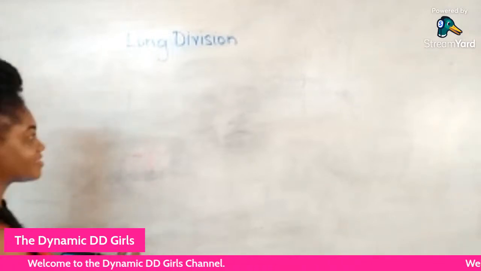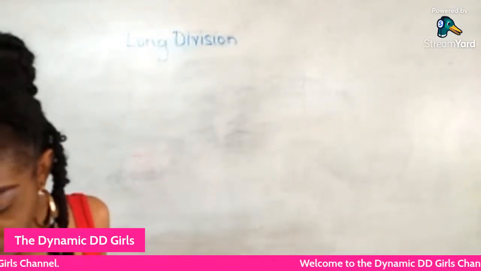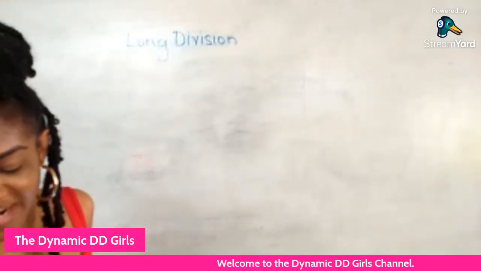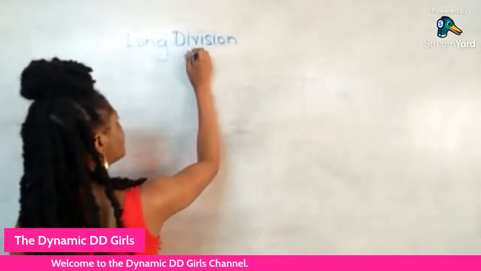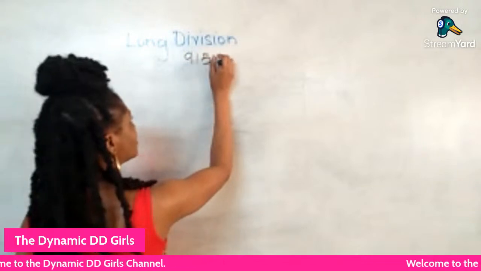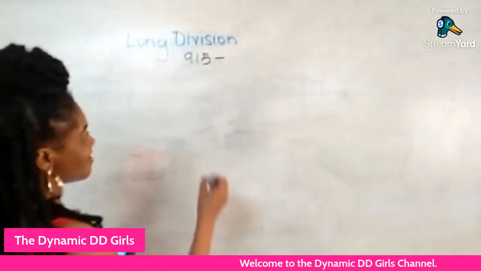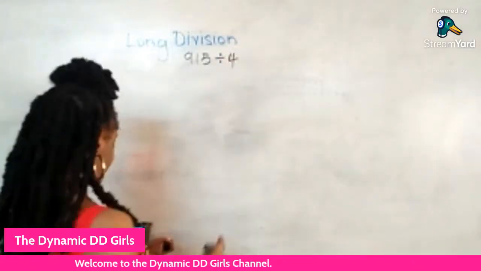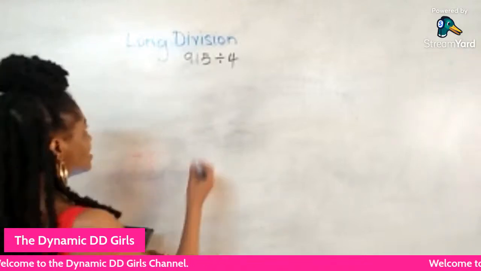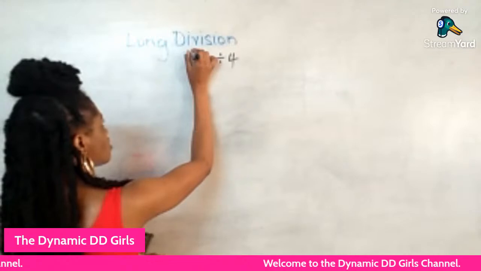Look at this one that we're going to be doing. We have 915, and of course we are dividing by 4. So we're dividing 915 by 4.